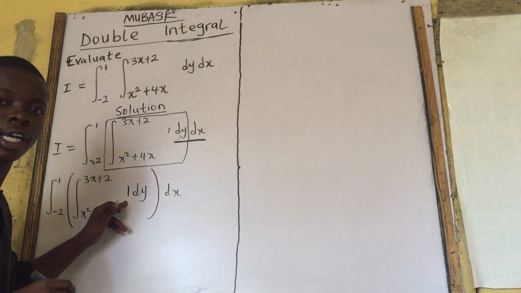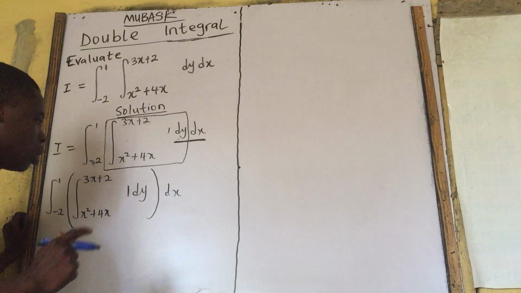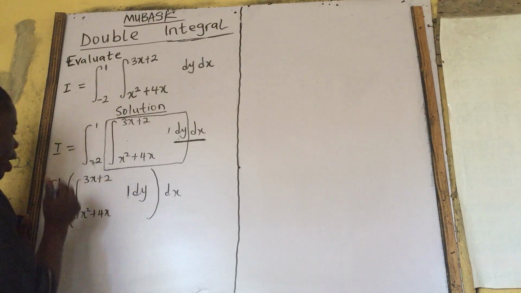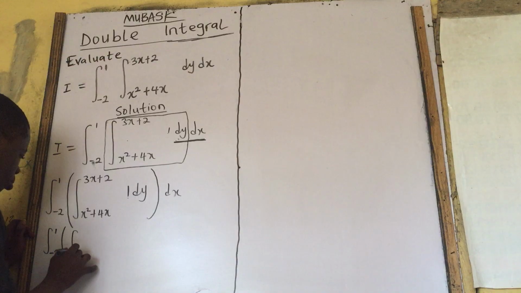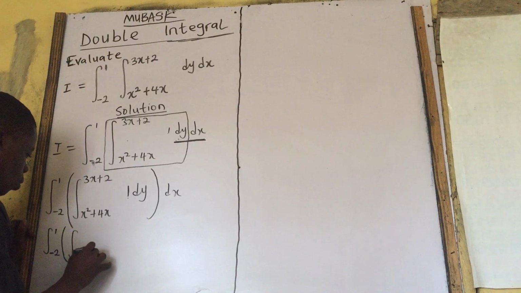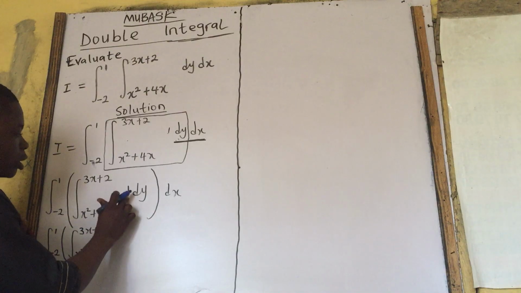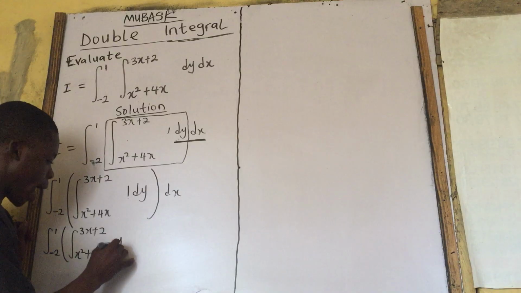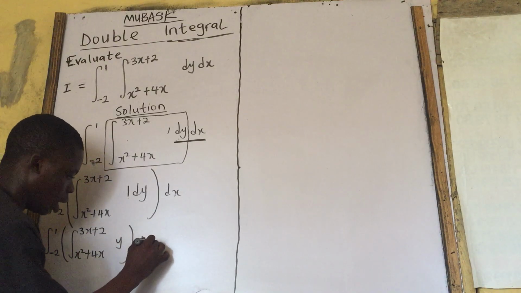If we want to integrate constants, from the integration table it gives us that variable, which is y, sorry. So we now have integral from minus 2 to 1, open bracket, integral from x squared plus 4x to 3x plus 2. Integrate 1, and it will give us y, close bracket, dx.